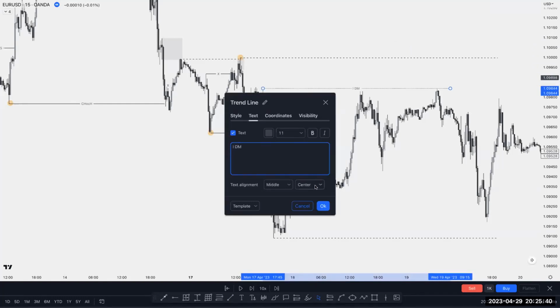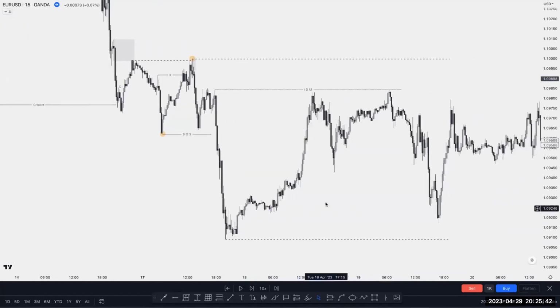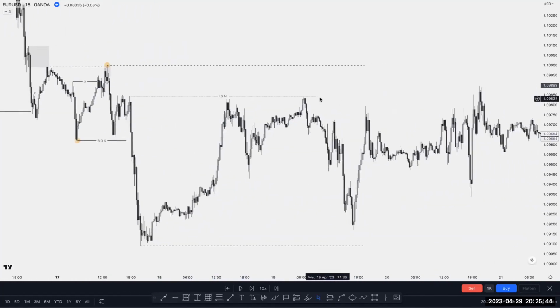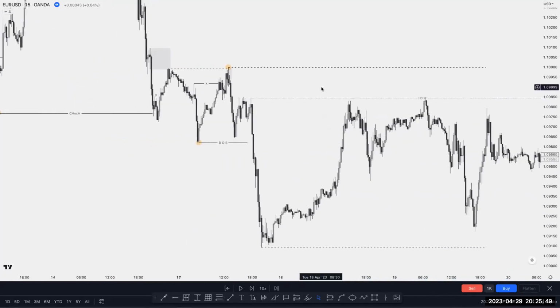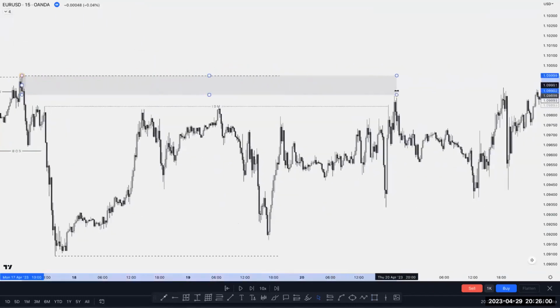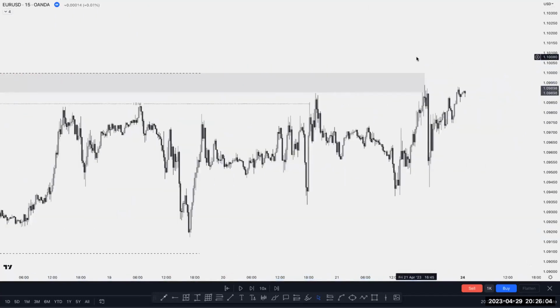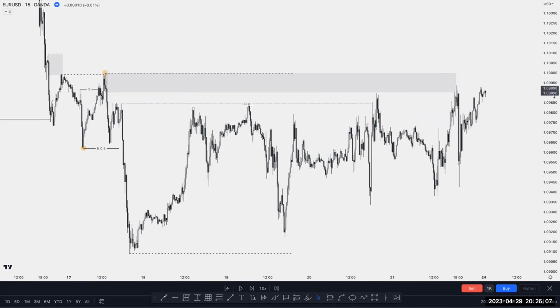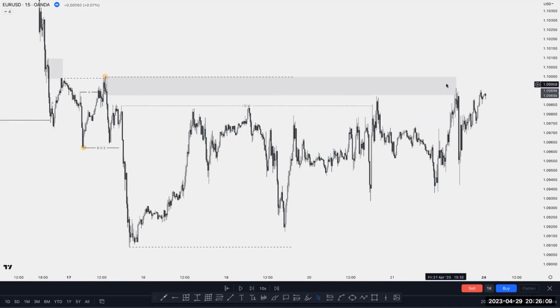If this inducement fails and this PoI fails, definitely we can buy, right? So what is happening here at this point? Inducement taken out. After taking out the inducement, where is our order block? This one, an extreme point. So now you can see price has taken out the inducement.